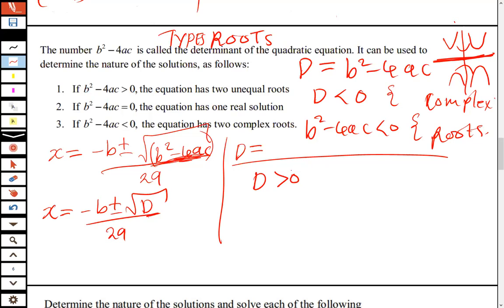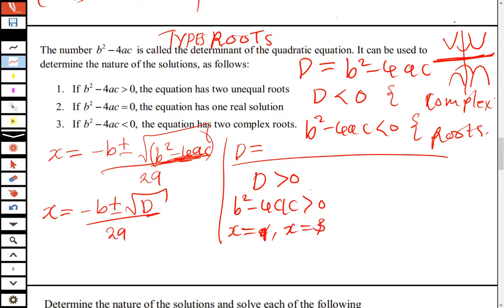After solving that quadratic equation, you find two different answers, which implies that b² − 4ac is greater than 0. The first answer will be x equals alpha, and the second answer will be x equals beta.